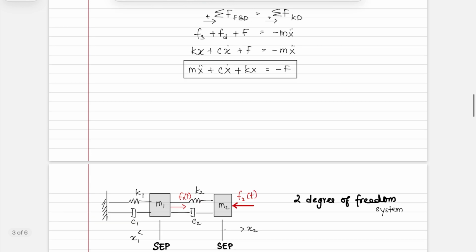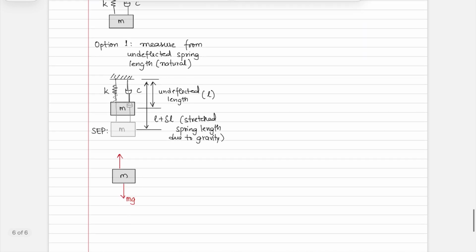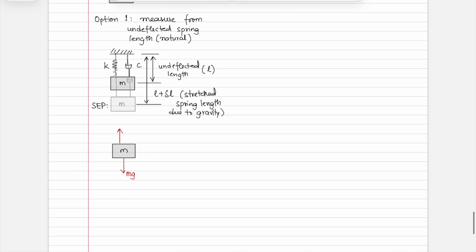It becomes more important when we're talking about vertical systems. So in this case, the net force would be the difference from the undeflected or natural length, which is just delta L. So you have k delta L as the force in the spring. At the static equilibrium position, you have no velocity.